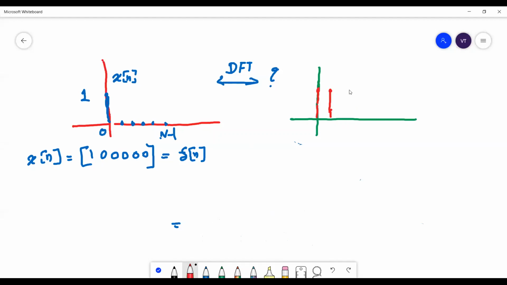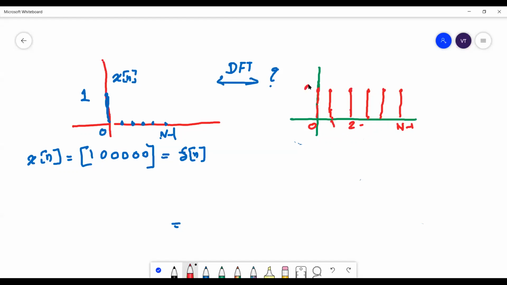From 0 to n minus 1. So here n is equal to 6. So therefore there are 6 samples, 0 to 5. Zero, 1, 2, etc. This is n minus 1. 0, 1, 2, 3, 4, 5. So there are 6 samples.